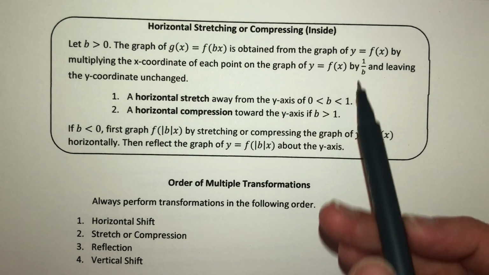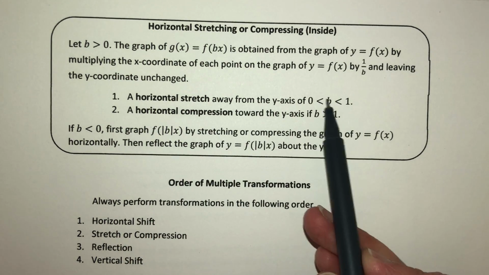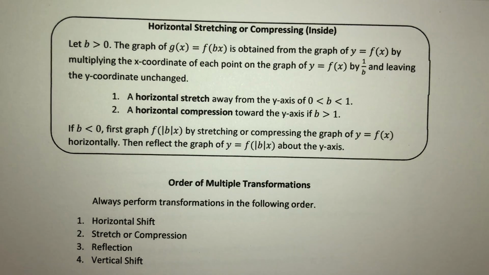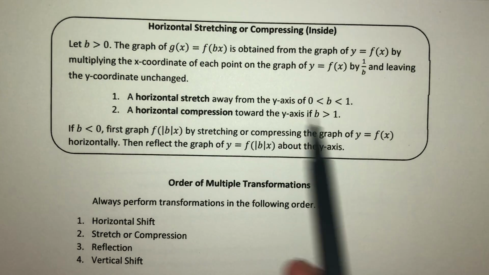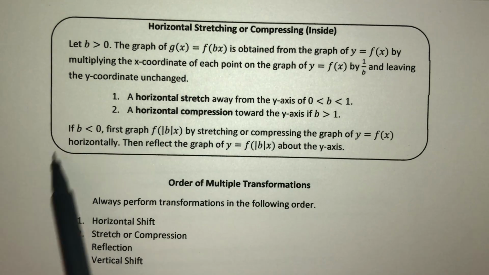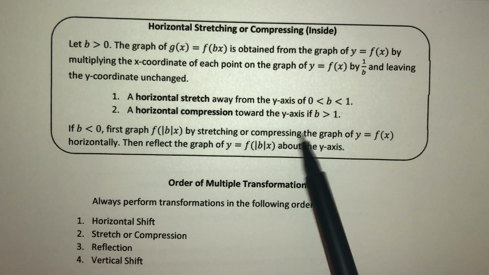Okay. And again, whether it is a stretch or a compression depends on whether the multiplier is between 0 and 1, or a fraction, or if it's larger than 1. And again, if we have a negative involved, we stretch or compress first and then flip.